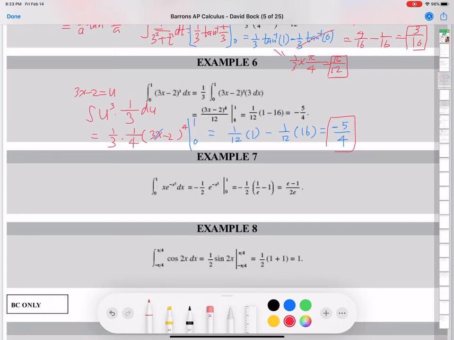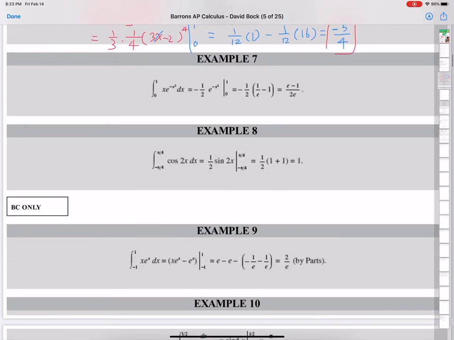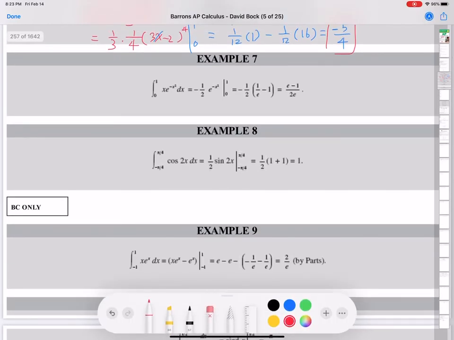Number 7. Number 7 uses substitution as well. So I want to make negative x squared the u part. So in the integral of x times e to the negative x squared dx, I want to find the indefinite integral first.